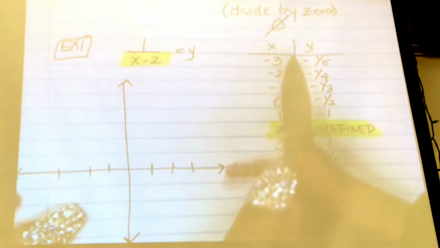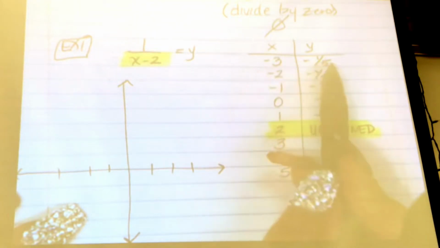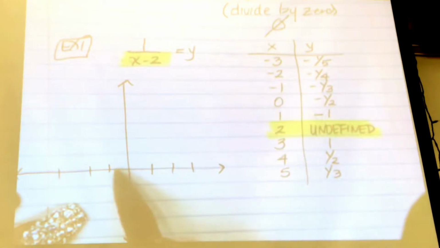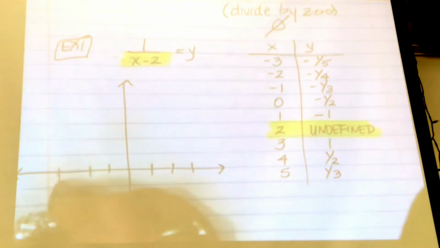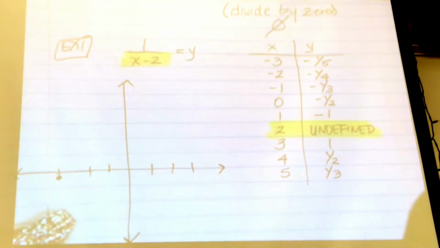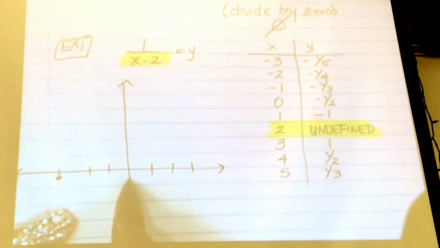And we're going to go ahead and start plotting these points. So negative 3, negative 1/5. So that's negative 3, 1, 2, 3, negative 1/5. That's like not even. Like if this is 1/2, it's even less than that. Negative 2, negative 1/4.